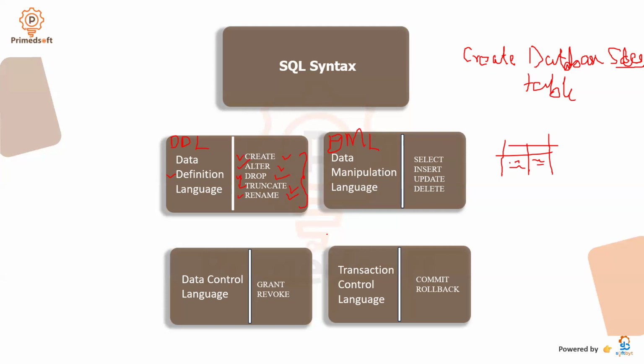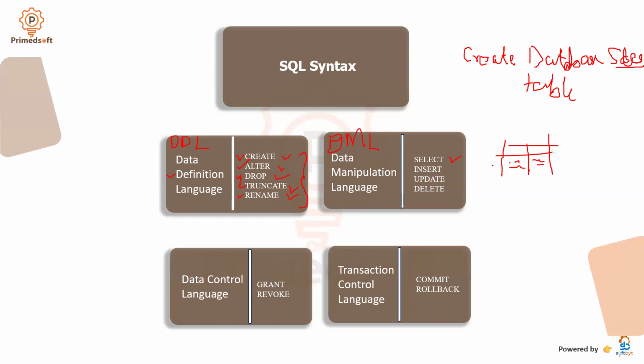Select is used to get data from a table or group of tables. You will use it a lot. It's used to retrieve data from the database object, which is a table.